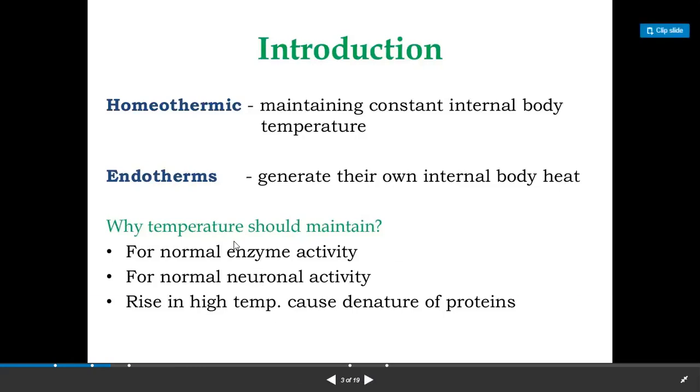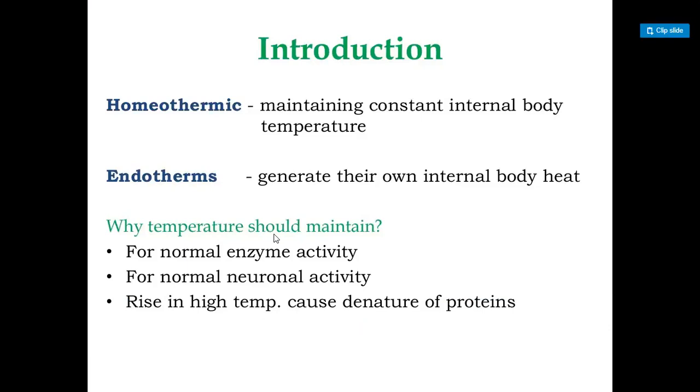Now, why should we maintain our body temperature? There are three main reasons. One, for normal enzyme activity. All enzymes in your body function only under certain temperatures. The day your temperature rises too high, it could lead to a destruction of your enzymes, and they can no longer function.